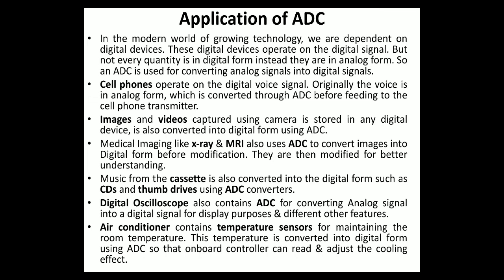That decision is made by the processor, and the processor gets data from the sensor, but the sensor converts the analog quantity of temperature to some digitally readable quantity. So you can see that ADC is becoming one of the fundamental blocks in every digital circuit.